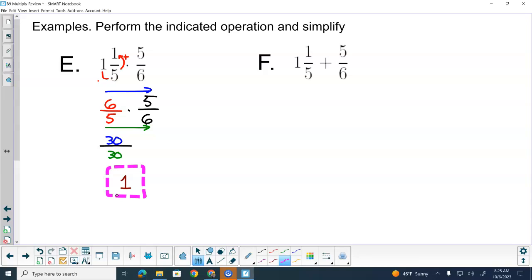Love it. Okay? So on the add problem, I've got this 1 sitting out here yet. Then I've got to add to that 1/5 plus 5/6. Okay? Common denominator between 5 and 6. What's my common denominator? 30.